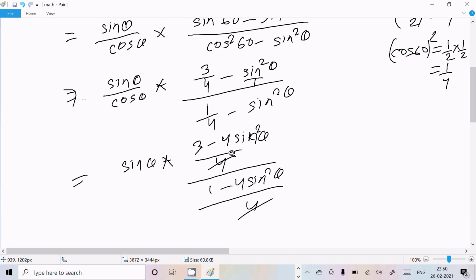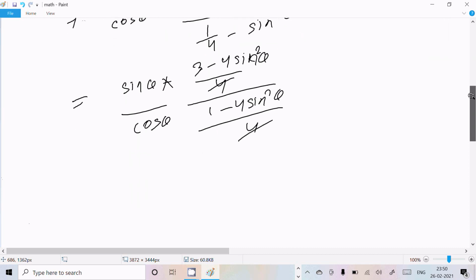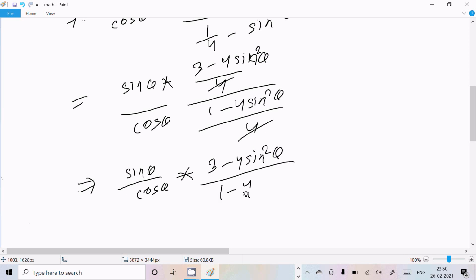This 4 is going to cancel, and in turn there is cos theta. Now what is left is sin theta divided by cos theta into 3 minus 4 sin square theta divided by 1 minus 4 sin square theta.